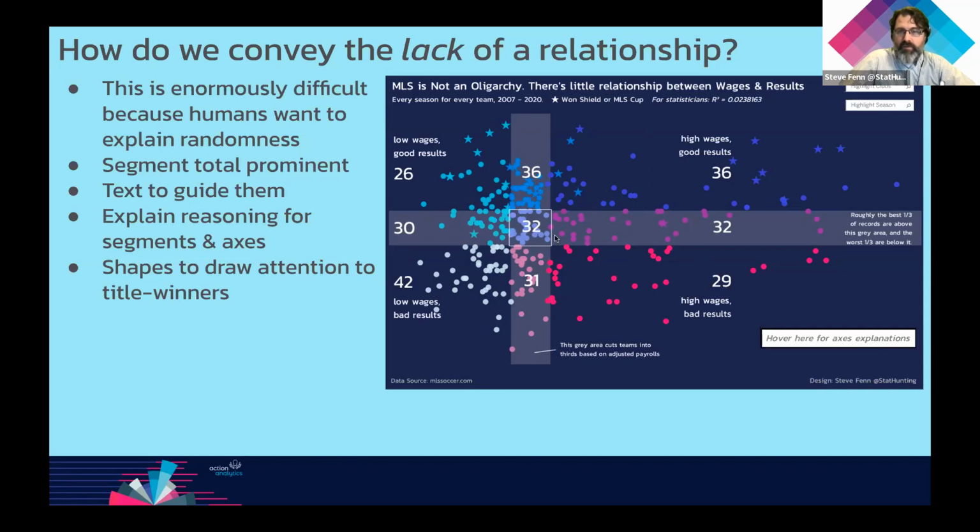And so I'm going with good blue in the top right, kind of the most embarrassing category of high wage bad results in the bottom right with the pink. But there's a lot going on here, and it's not something that I'm totally thrilled with in terms of how well it connects with an audience, but it was something that I felt was worth exploring and trying to dig in and get some insights across.